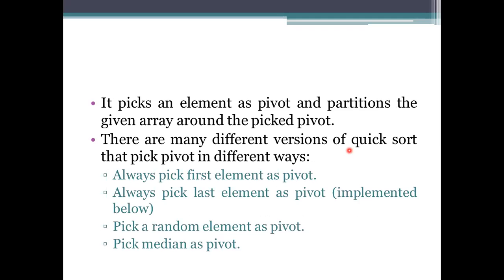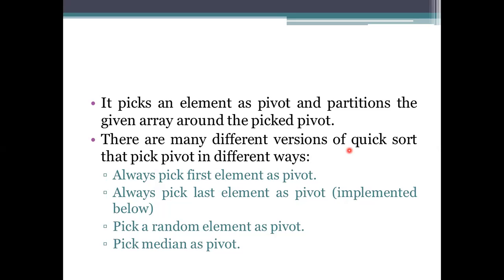Coming to how we select the pivot element, we can take any element from the list. Sometimes we can take the first element of the list, or the last element, as implemented in the representation below, or any random element.